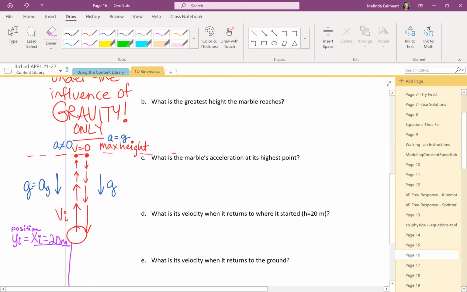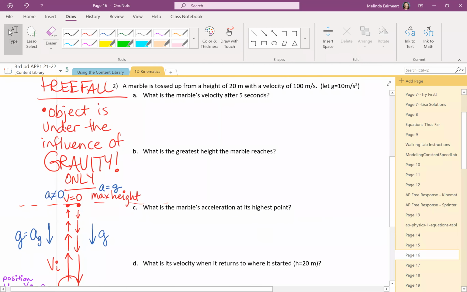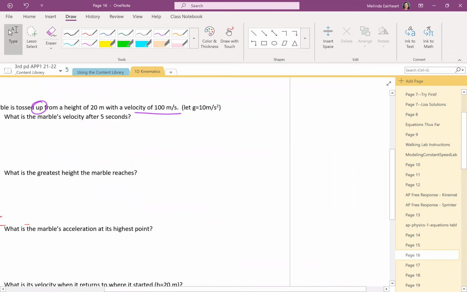So we start with an initial height, and it's thrown, we already know, up at a velocity of 100 meters per second. And they're saying you can use g as 10. If you want to use 9.8, you just work with more decimals. But even on the AP exam, you can use 10. Here's the times when you have to use 9.8.